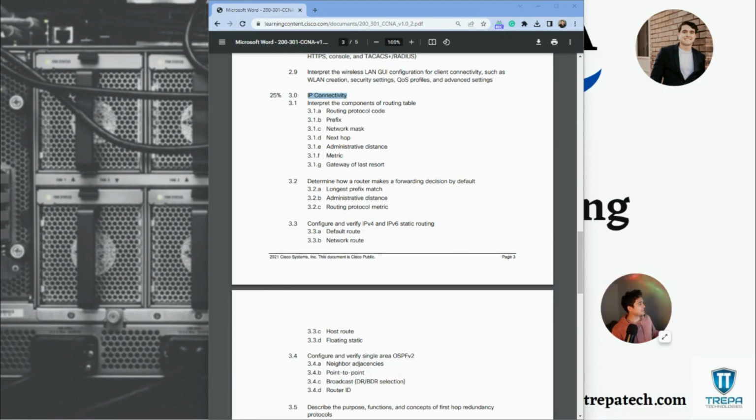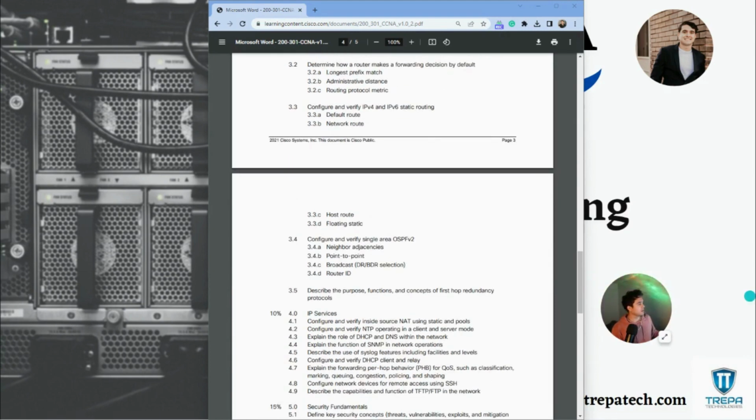So the last piece of this section is going to be first hop redundancy protocols, so FHRP. These are protocols like HSRP and VRRP. What these give is redundancy for your LAN, meaning that these protocols give multiple and redundant default gateways.